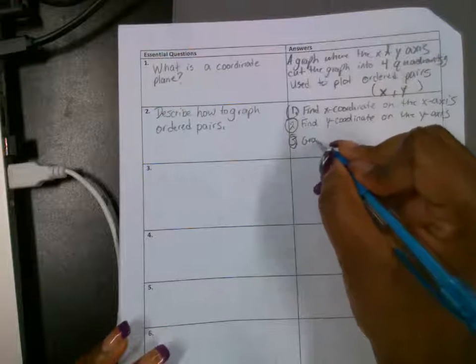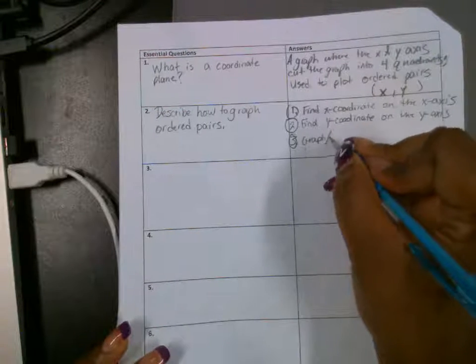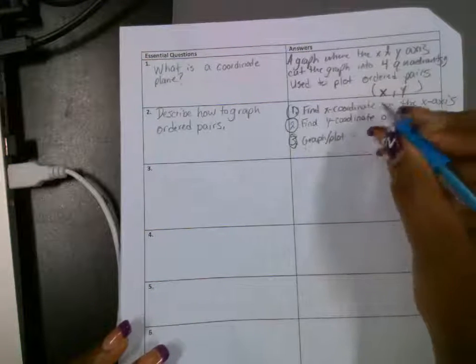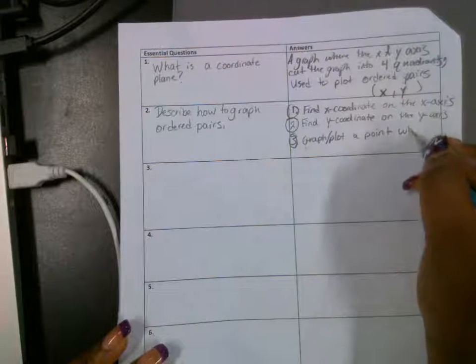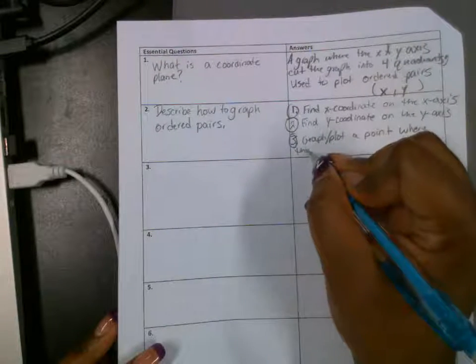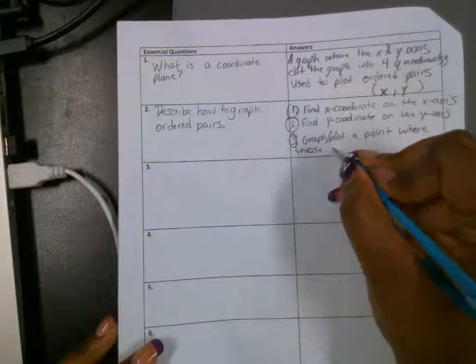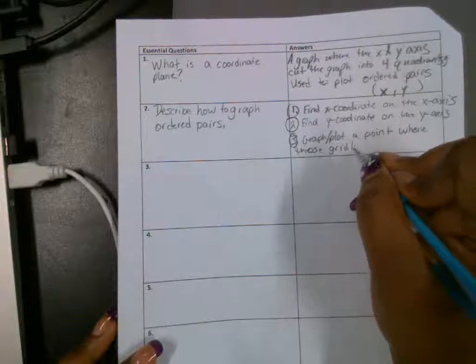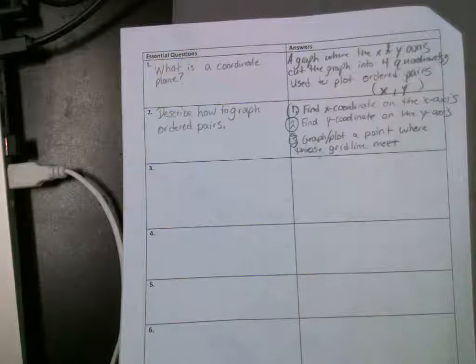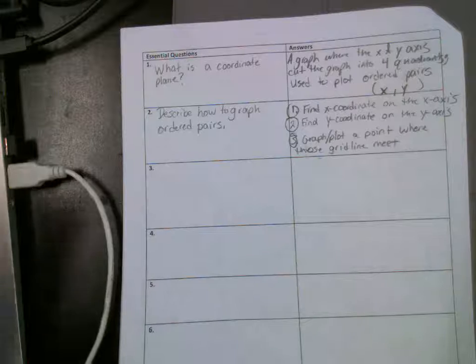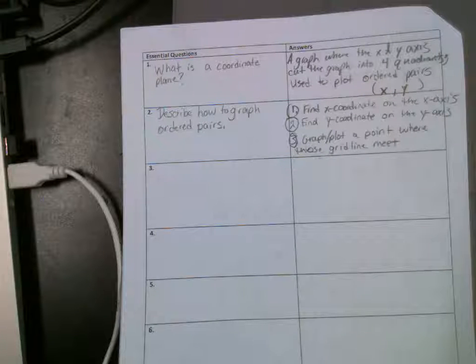You're going to graph or plot a point where those grid lines meet. Okay? And then wherever they meet, that's where you plot that point or that ordered pair.